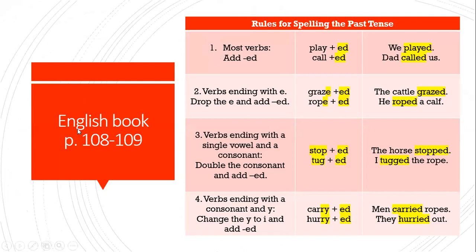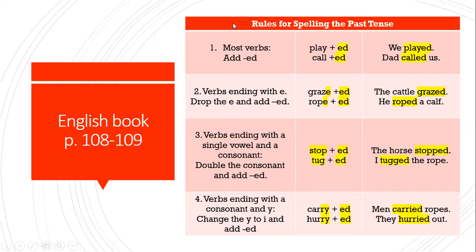Just so you know, we are on English book pages 108 and 109. So if you have your book, you can read it from the book. If you don't have the book, you can just read it from the presentation that I created. And you can also download the pages that I uploaded for the students that were not able to get their books so that they don't fall behind, okay?